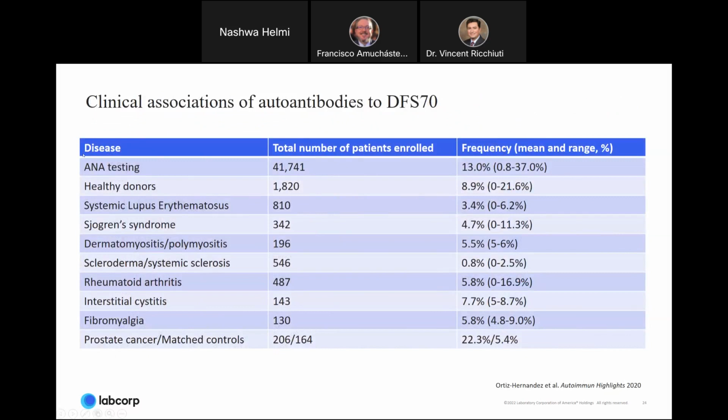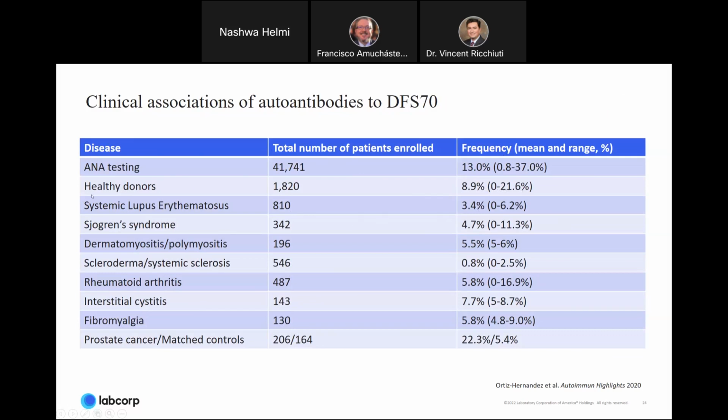So for ANA testing in a routine population, as you can see, antibody to DFS70 can be an average of 13%, which is consistent with the numbers we saw earlier. The range can go from 0.8% to 37%, again depending on the population and the technique. In healthy donors, it's around 8.9%, as we showed, but the range goes from 0 to 21.6%.